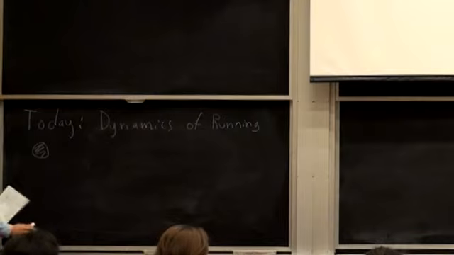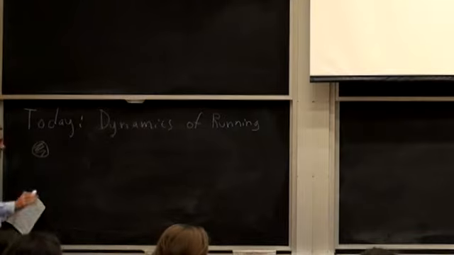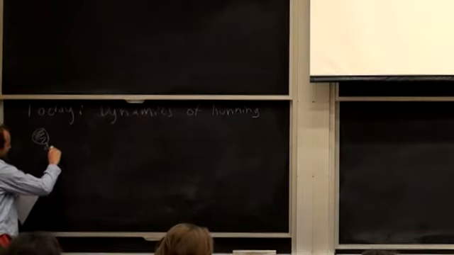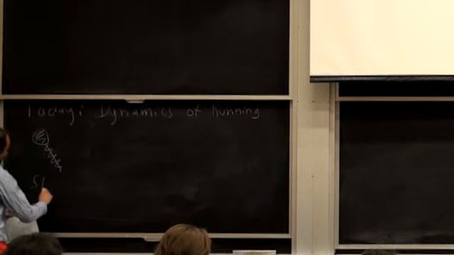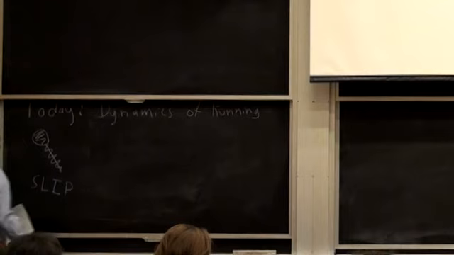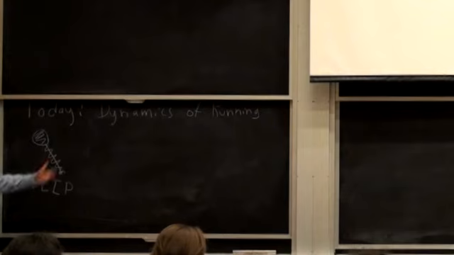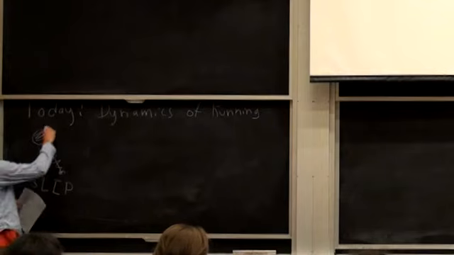The basic model we're going to look at today, and several versions of it, is the SLIP model, the spring-loaded inverted pendulum. It's sort of like the running version of the rimless wheel or compass gait. It's pretty simple.